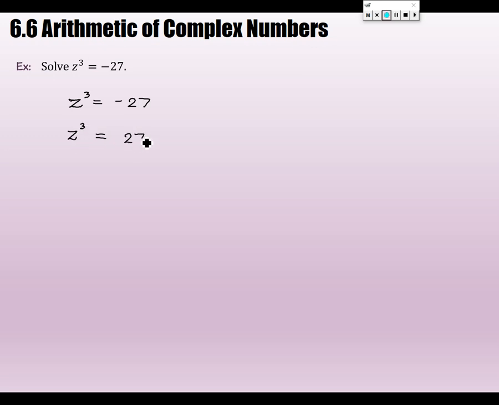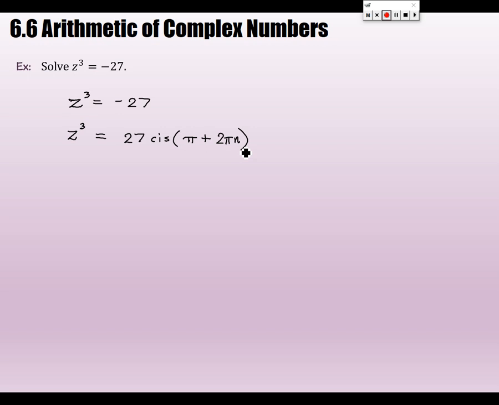So that's 27 cis pi. Agree? Isn't 27 units in the pi direction a good description for our number? But we've already said earlier in our discussion pi or anything coterminal to that, right? So I think we're set.